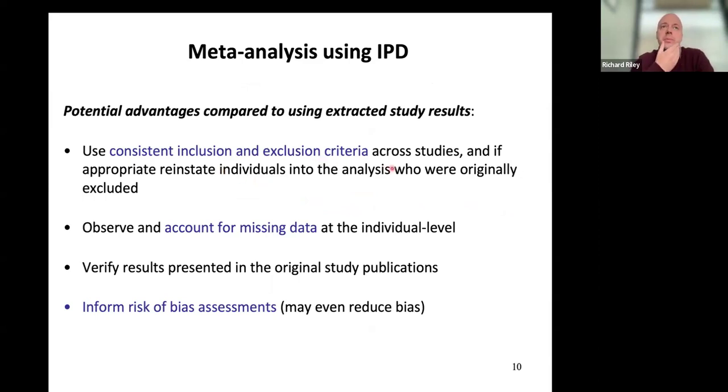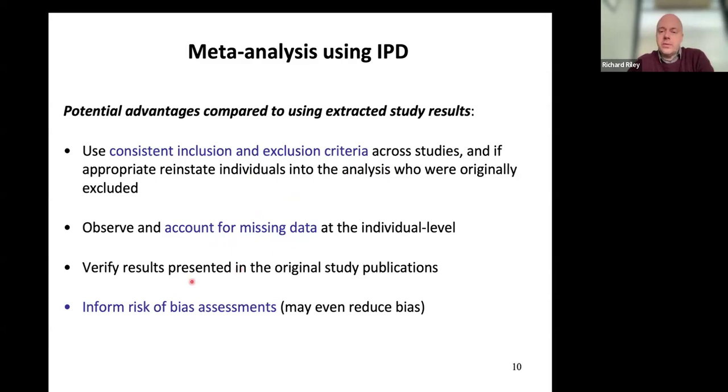So for example, if there were some studies which had children, you could remove those individuals if your focus was just in adults. Equally, maybe some individuals were excluded originally, you could reinstate them if that was appropriate. You can observe and account for missing data at the individual level, and we may be able to do that better than they originally did in the article.